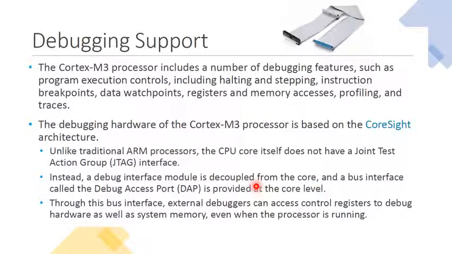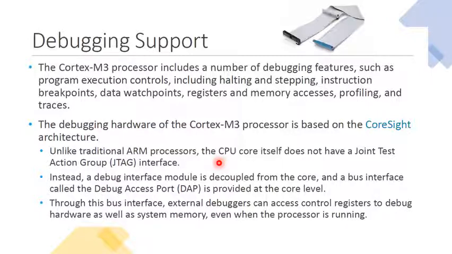Decoupled means detaching, taking away, or dividing it from the original connection. For example, in your computer system, if the computer is booting, meaning the motherboard is working, but the RAM is having some problem, you can disconnect the RAM temporarily.